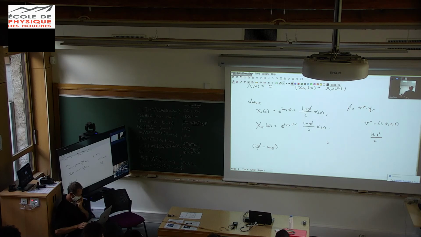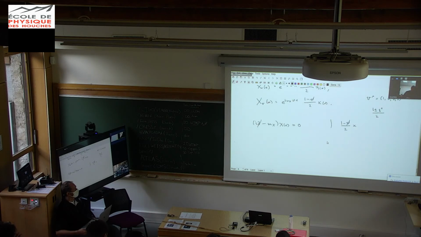So the Dirac equation for this field is just i d slash minus m chi acting on chi of x equals 0. That's just the Dirac equation. And what we do is we multiply this from the left with the projector 1 minus v slash over 2. So we get 1 minus v slash over 2, times i d slash minus m chi, acting on chi equals 0.